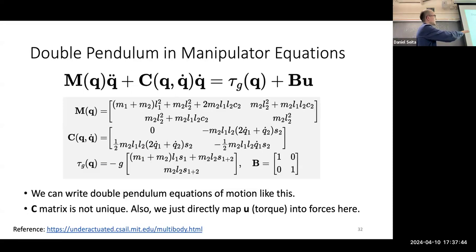So this is describing our double pendulum, but in manipulator equation form. Again, we talked about how the general robot manipulator, you can write them out like this. And whenever you write things down in a systematic way, that makes it easier for software to handle different robots if you can express them in a standardized format.